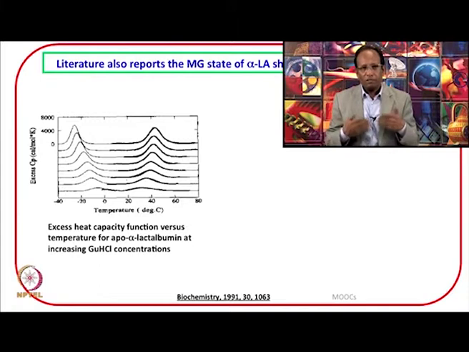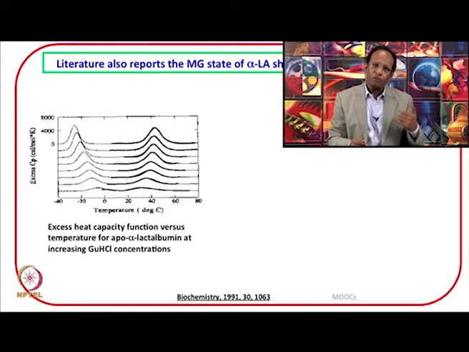What is apo-alpha lactalbumin? Apo means you have removed the cofactor, you have removed calcium from it. Once you remove calcium from alpha lactalbumin, obviously it will lose its stability and it should go into an intermediate conformation in between native state and denatured state.